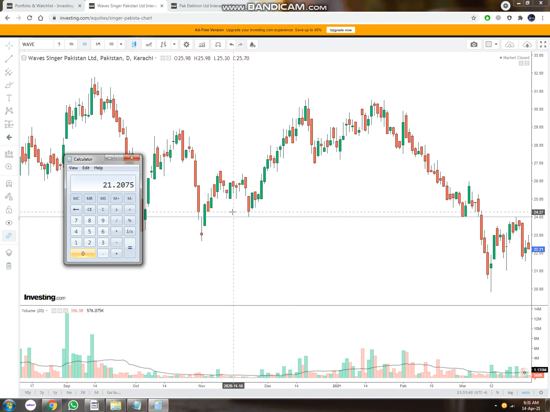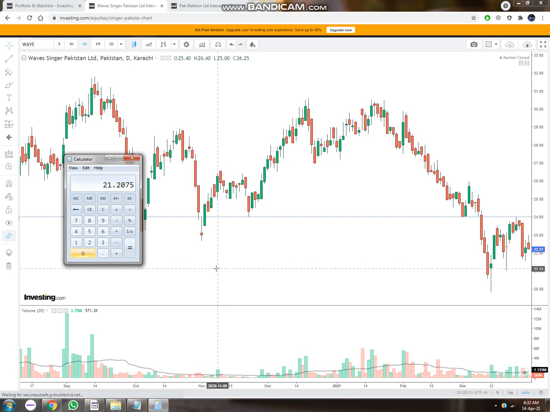So where could you sell your stock? At 21.20, you could have sold it right here. It didn't go below 23, so you could have sold it right here.